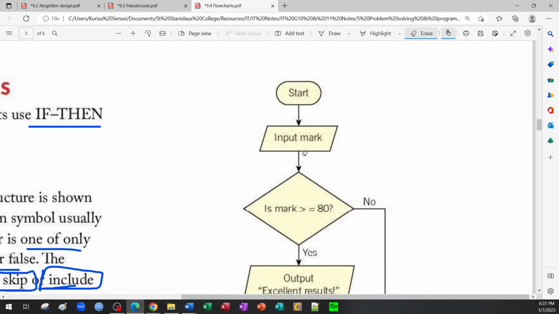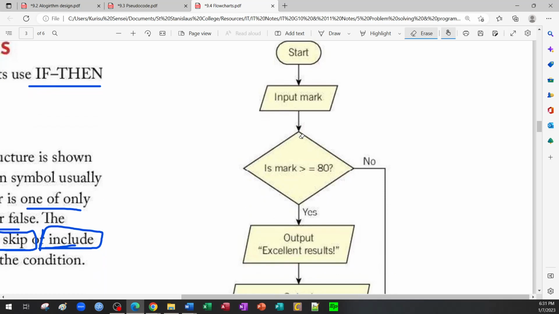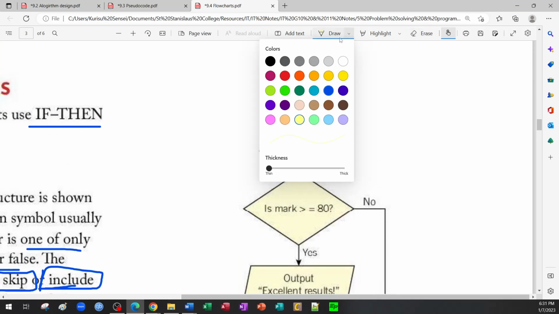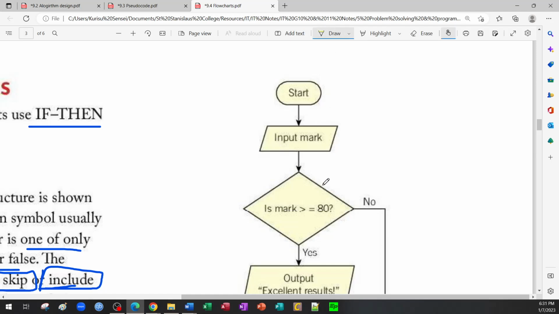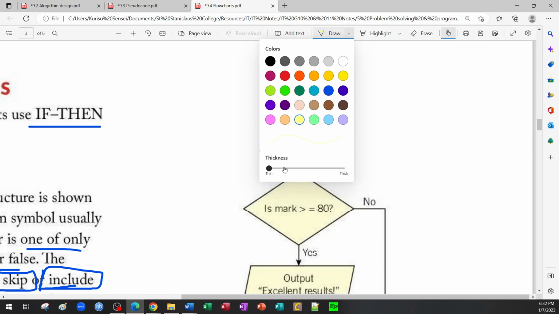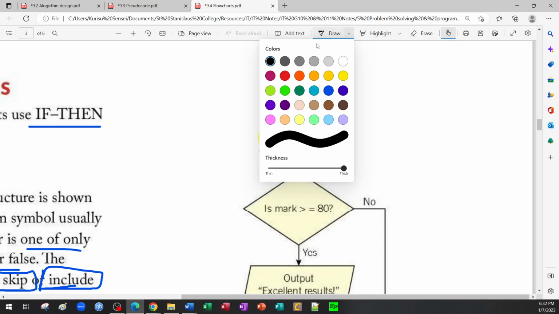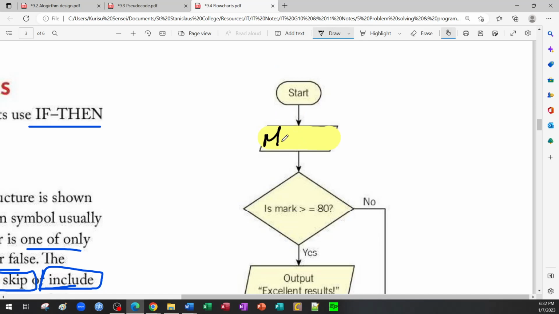So this would be an example here. So in this case here, they could have said mark equal 60.